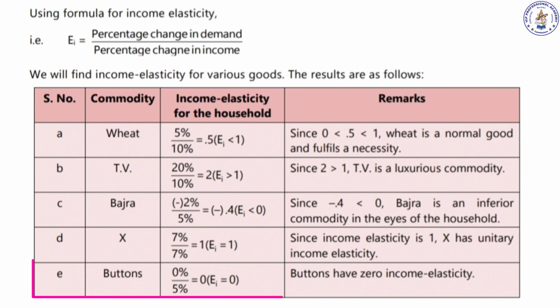When it is, say, not a common product, say buttons or any other product which is not often purchased by him, there is no change in demand whereas his income increases by 5%, then EI is equal to 0. That means ordinary products don't have any income elasticity.